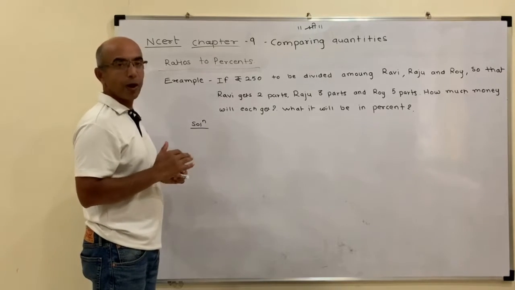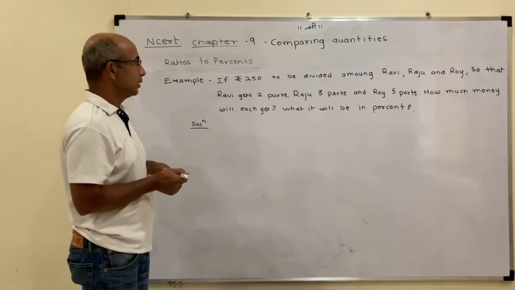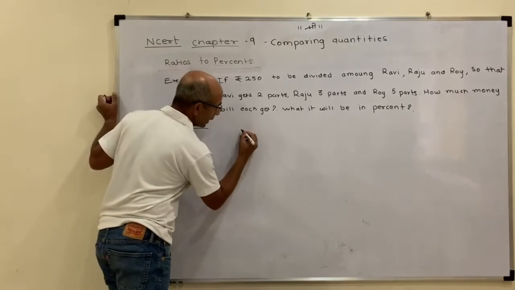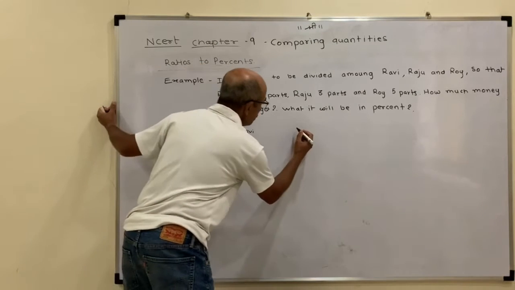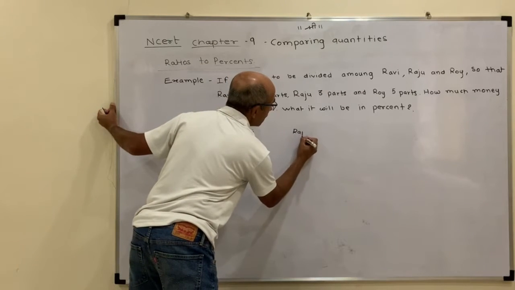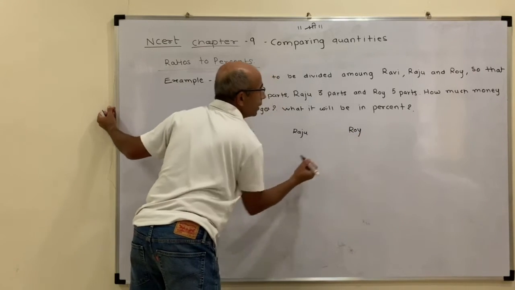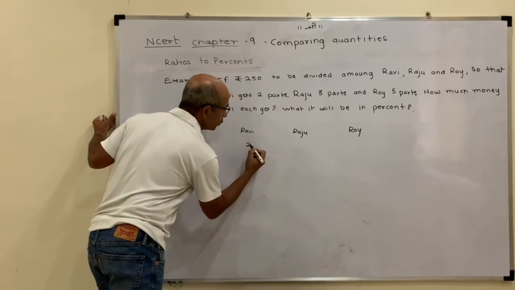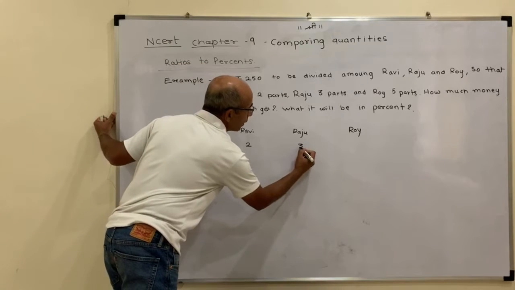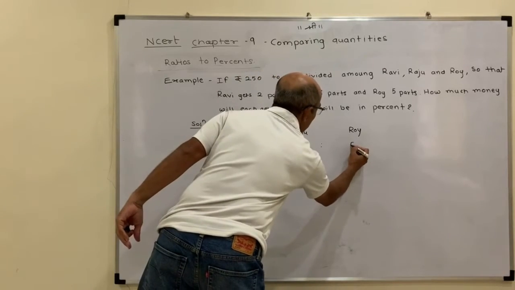Secondly, we need to find what percent each one will be getting. So now let's say I write Ravi, then Raju and Roy. The ratio of their money is 2 as to 3 as to 5.